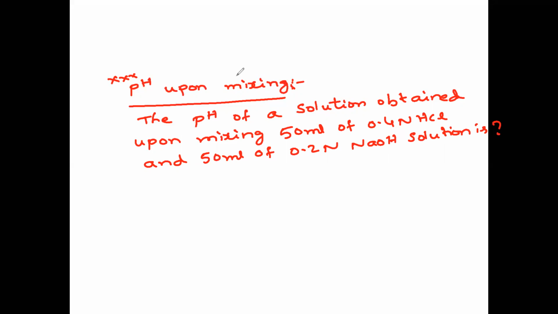This is the question. So what happens when an acid is combined with a base? For this, we first have to consider the milli equivalent of acid, which is equal to 50 ml into 0.4 normality of HCl, that is 50 into 0.4, which is equal to 20.